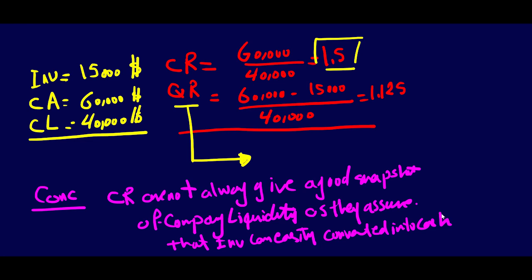That's why we always focus on quick ratio, because it removes inventory from the calculation and gives a much better image.